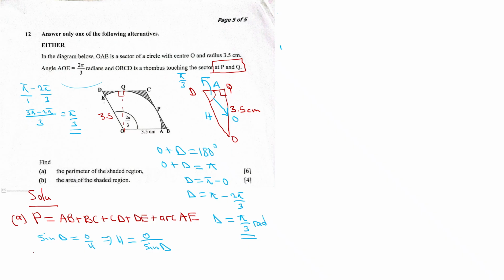So our h will be equal to our opposite, which is 3.5, divided by sine of pi divided by 3.